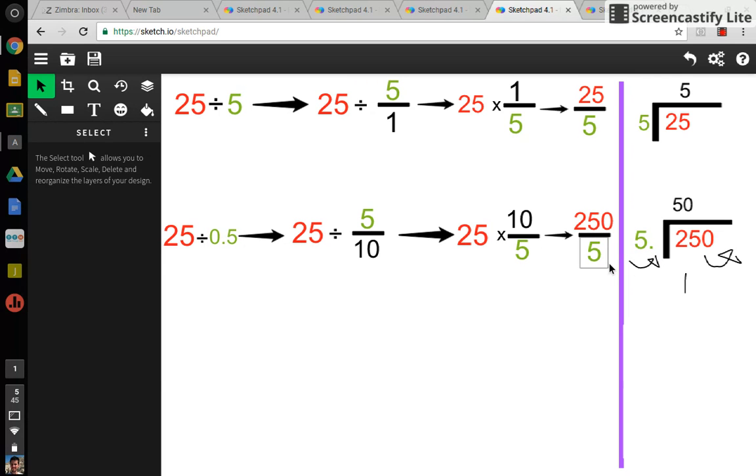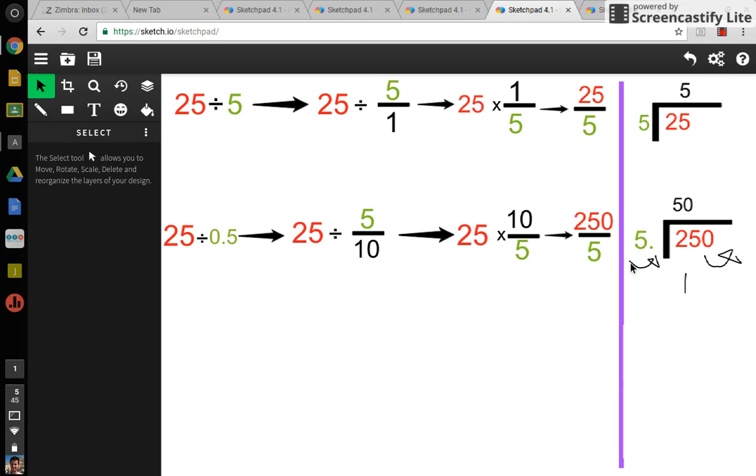Okay. Now, what I want to call your attention to is how we made this connection with our fractions problem. Notice how when we flipped and multiplied, our top number became the same as our number inside the house. And notice how our divisor, which was 0.5, has become the same as our bottom number, 5.